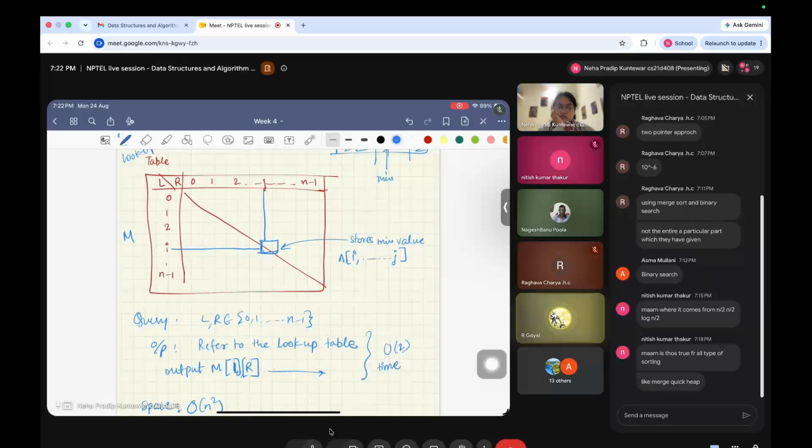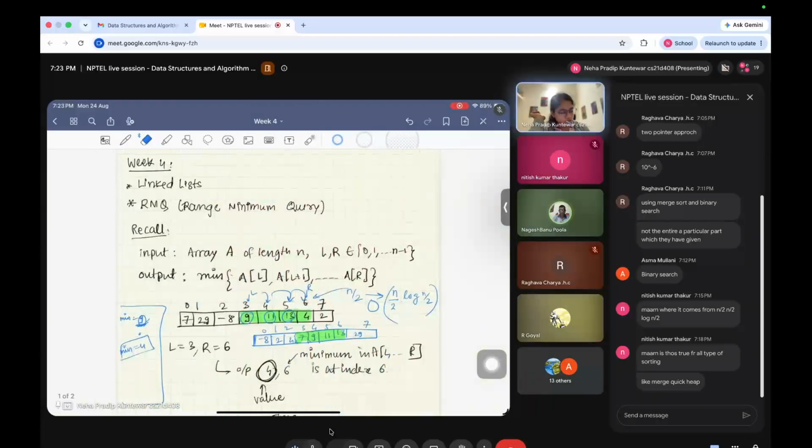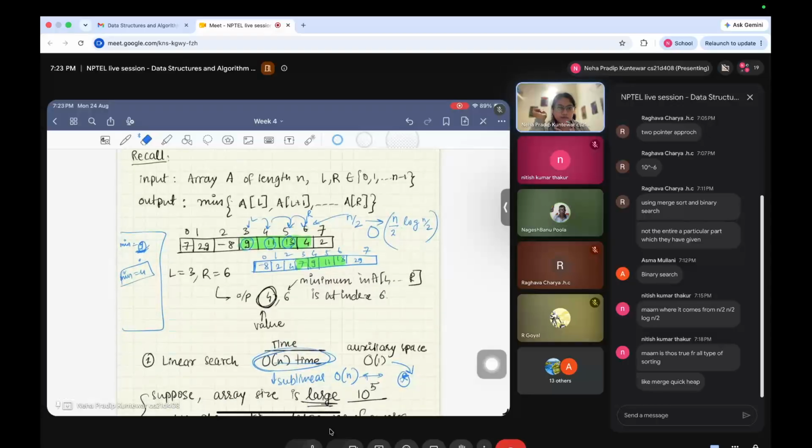So what about the values in the first row and the first column? If we start from 0, the values in the first row would be all zeros, isn't it? No, no. If you look at 0 comma 0, that means your L is here and R is here, so you're only looking at this cell.